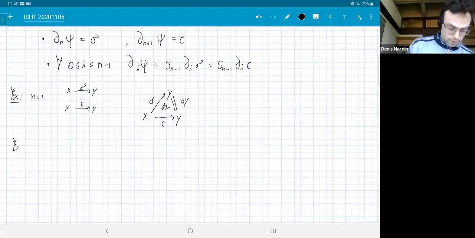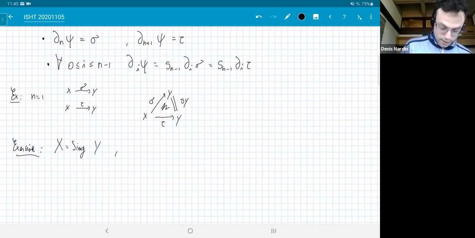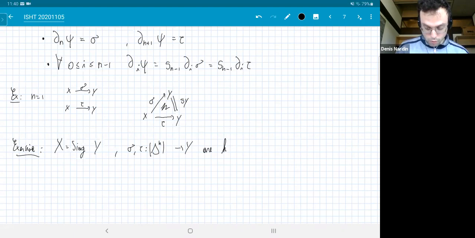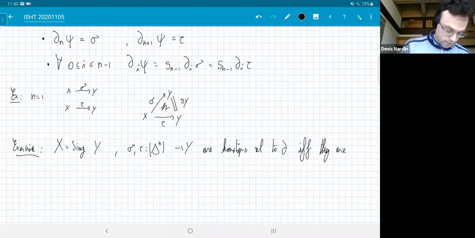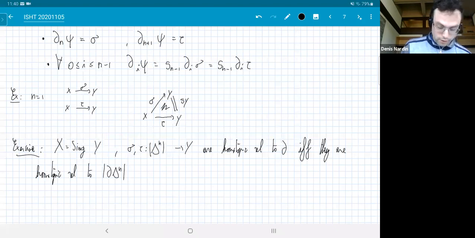So, an example, an exercise actually. This is going to go in the exercise sheet. If X is a topological space, and sigma, tau from delta n into X are homotopic relative to the boundary if and only if they are homotopic relative to the boundary of delta n in the classical sense.